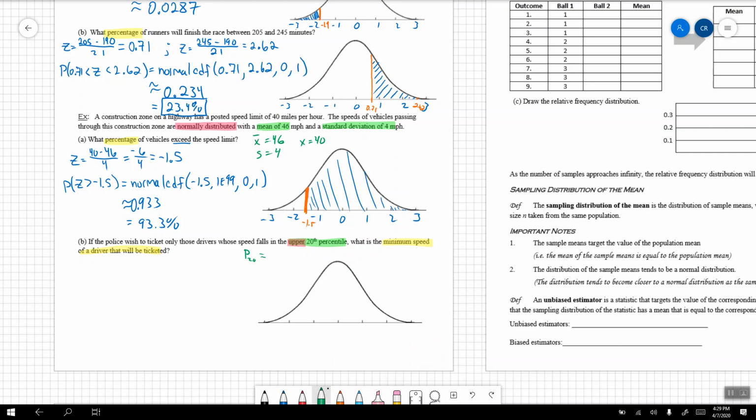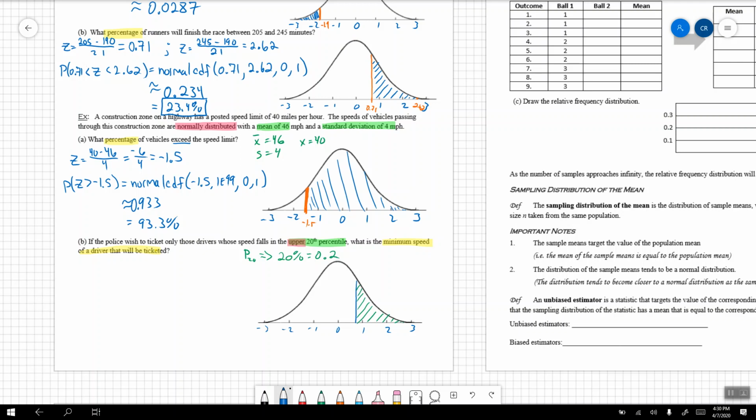If this is a 20th percentile, then this implies that it's just 20%, in other words, it's 0.2. This is the probability, in other words, the shaded area to the right. Upper means it must be to the top, meaning to the right. All we need to do is find out what are those values.